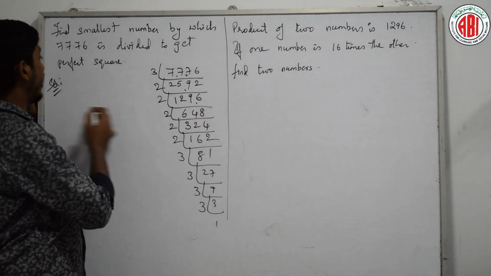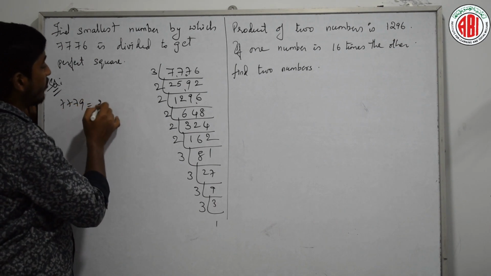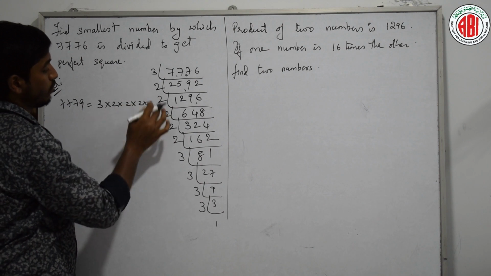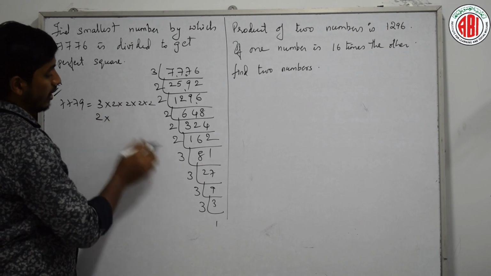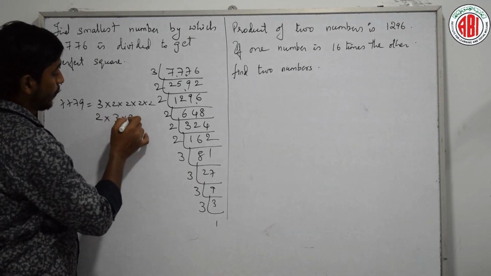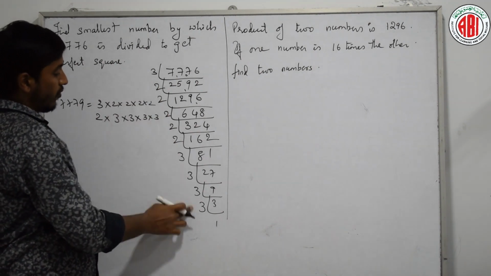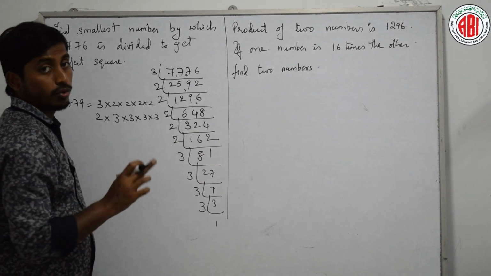Right. Now check here, this can be written as 3 into 2 into 2 into 2 into 2, and so on: 1 2 3 4 5 3s, and the next 1 2 3 4 5 2s.